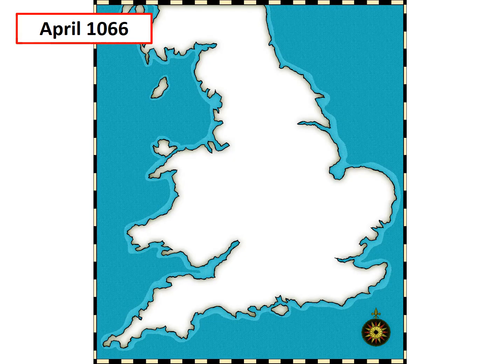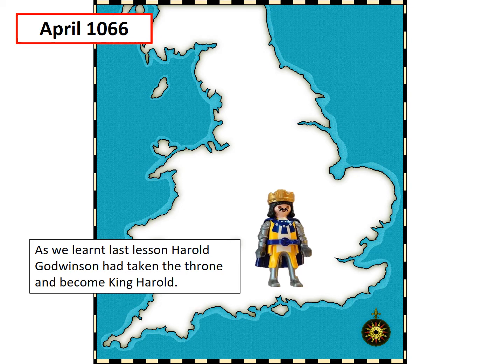Let's begin this story in April of 1066. And as we know from the previous video, Edward the Confessor dies in January, Harold takes the throne, and there's a lot of people who are quite angry at him. So in April of 1066, Harold Godwinson has now become King Harold.